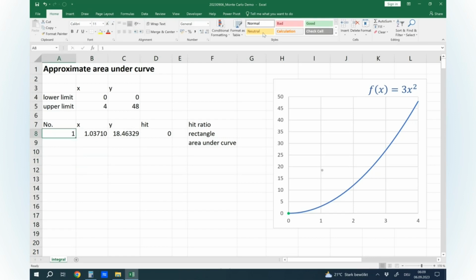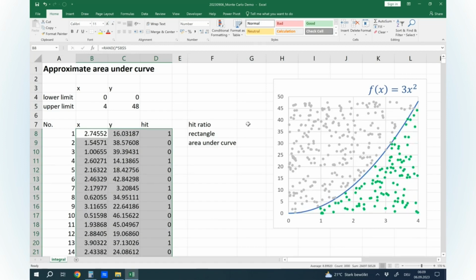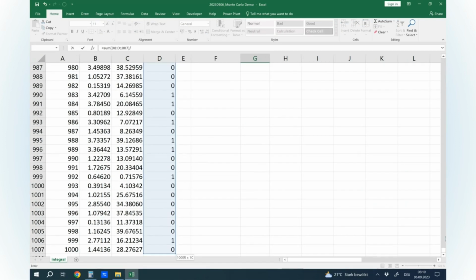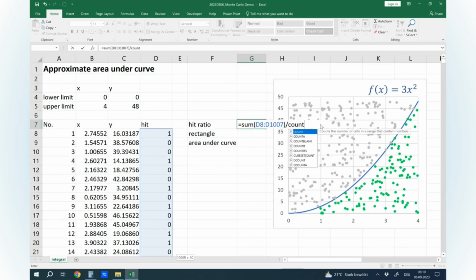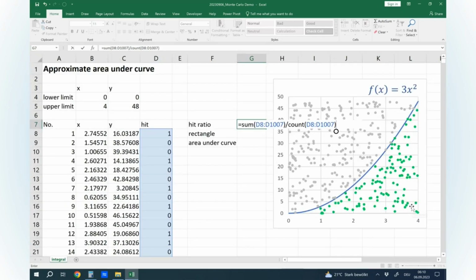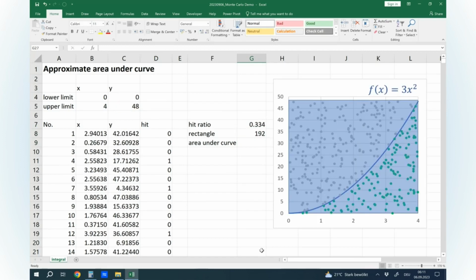I now replicate this process across a substantial number of iterations, let's say around 1000 times. Following this, I proceed to divide the sum in the hit column by the total number of iterations. By doing so, I arrive at the proportion of hits, a value that can be directly multiplied by 192, the size of the rectangle around the curve.